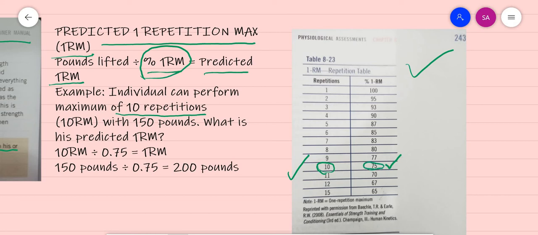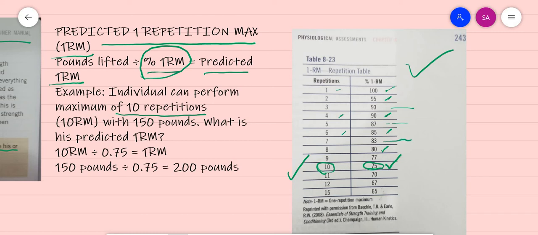But when I appeared for the exam, I found how to remember this table, and largely I remember the table. For 1 repetition you have 100, for second you have 95. There is a pattern: for 4 repetitions you have 90, for 6 you have 85. So it is like 100, 95, 90, 85, 80, 75, and you can remember that, then you can fill in between all these numbers.